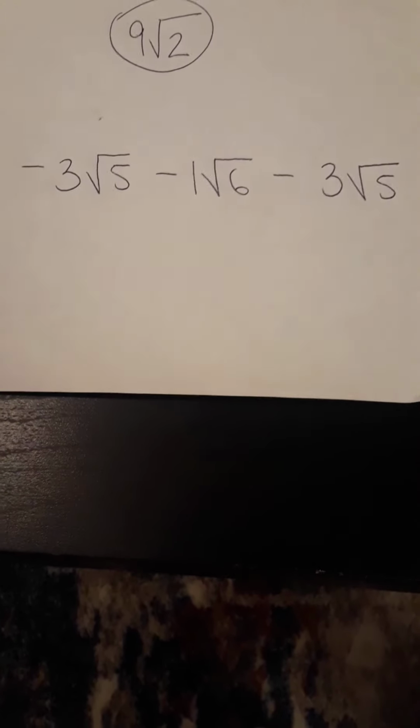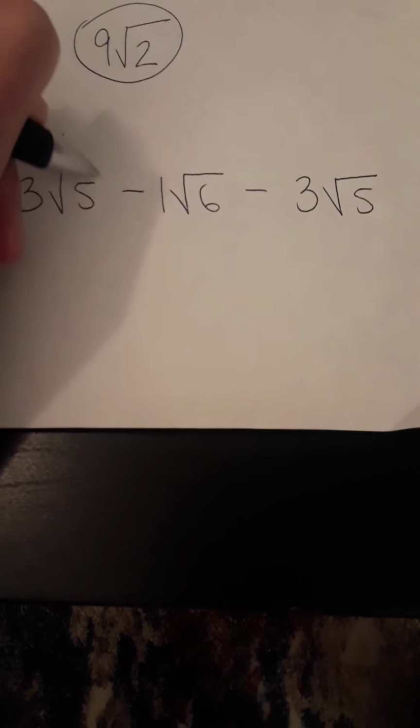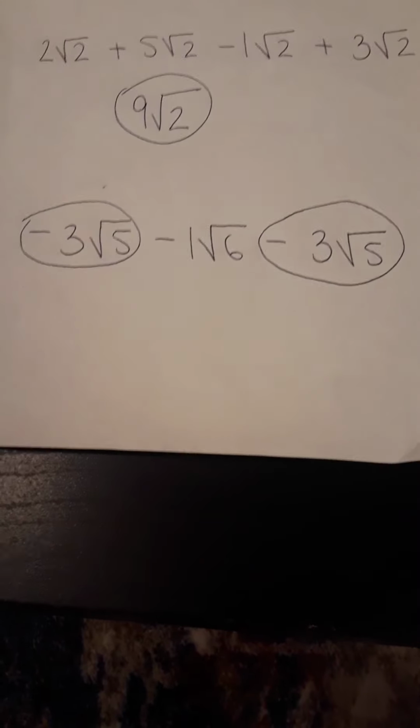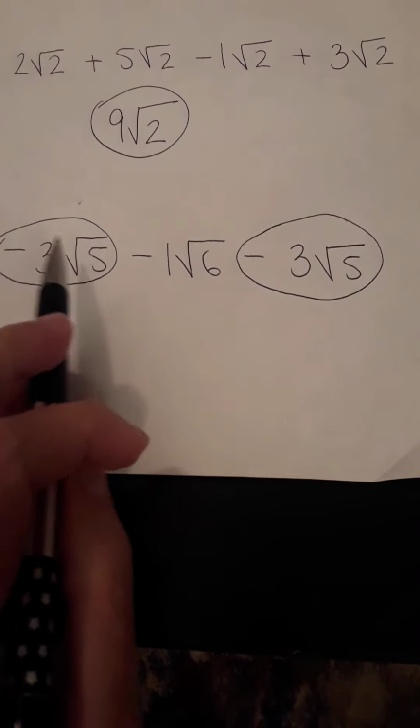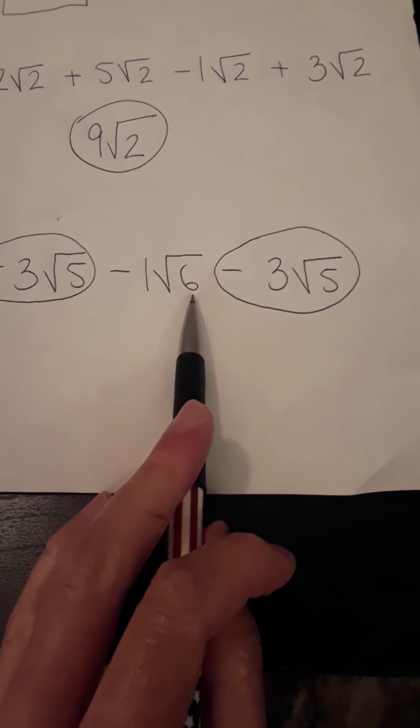Now see how these three terms right here, I can't subtract all three of them to each other. This one right here and this one right here, they both have in common a radical 5. So these two terms, I can only combine those two. I can't combine this with the other two because look, it says radical 6, so they're not alike.